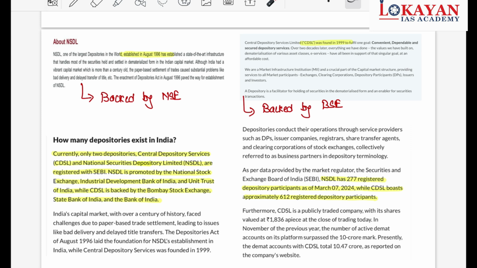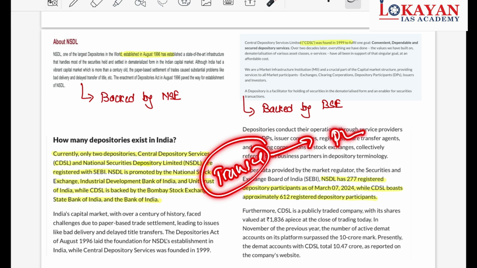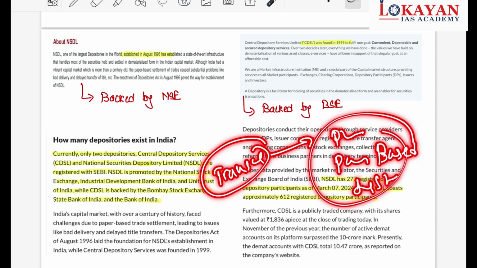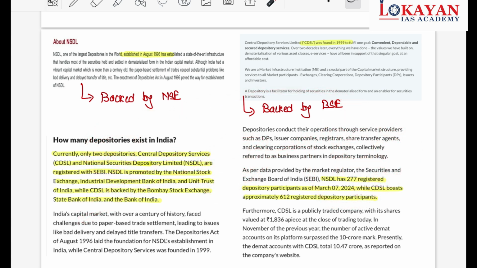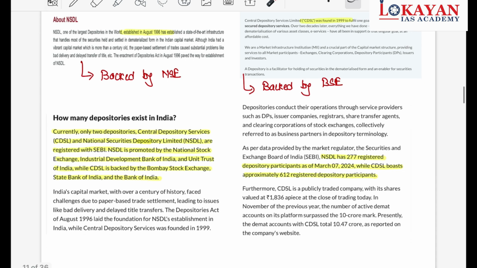Depositories store your shares and all such things electronically, because when there were no depositories, transactions used to be physical, through a paper-based system. So there was a lot of inconvenience, and a lot of frauds used to happen then. So this is regarding NSDL and CDSL.